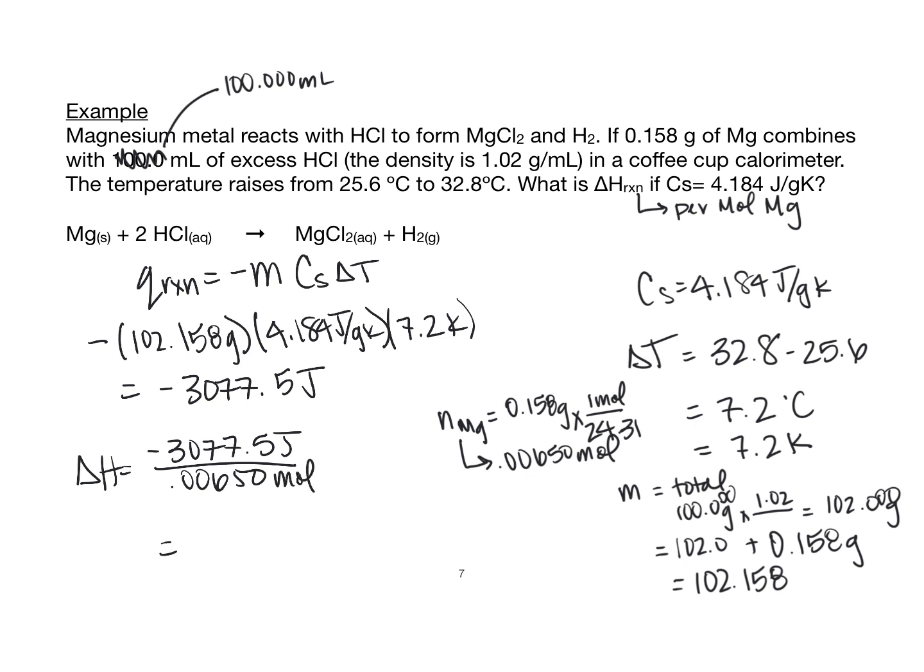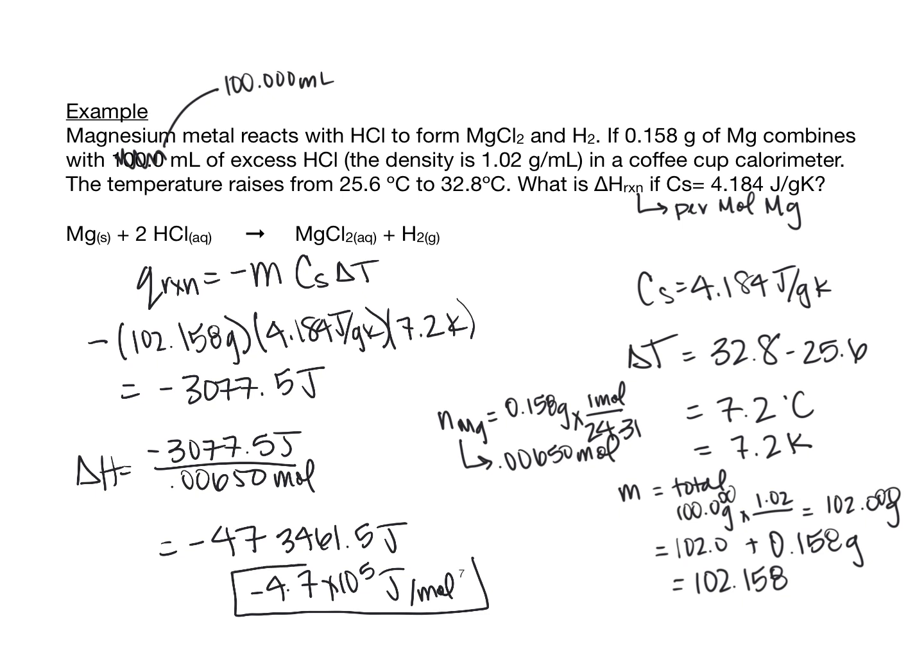And this is going to give us negative 473,461.5 joules per mole. This is the number on your calculator. We can only have 2 sig figs based on delta T. And so this is going to be negative 4.7 times 10 to the 5th joules per mole. And that gives you delta H reaction.